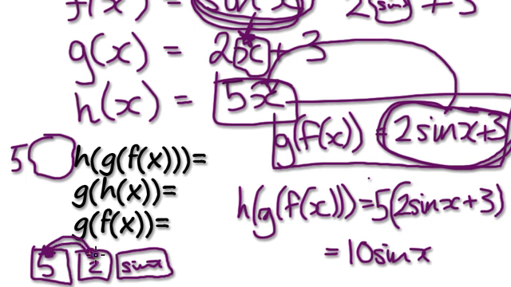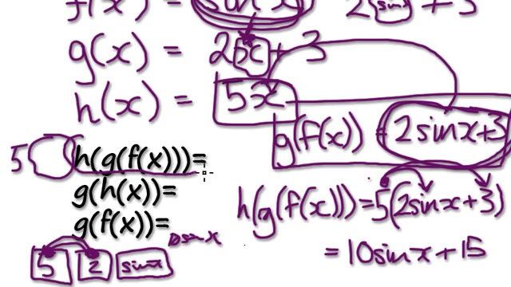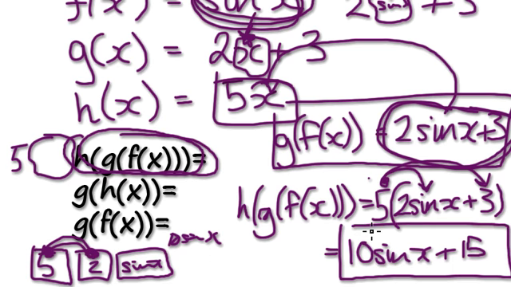So this times this would be 10 sine x, and then now the 5 times a 3, so that will be plus 15. Okay, so the answer to the first question is given by this.